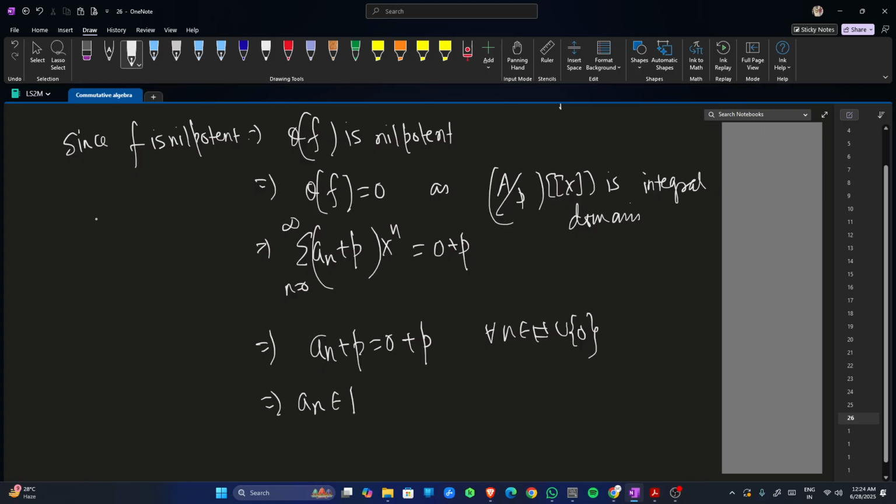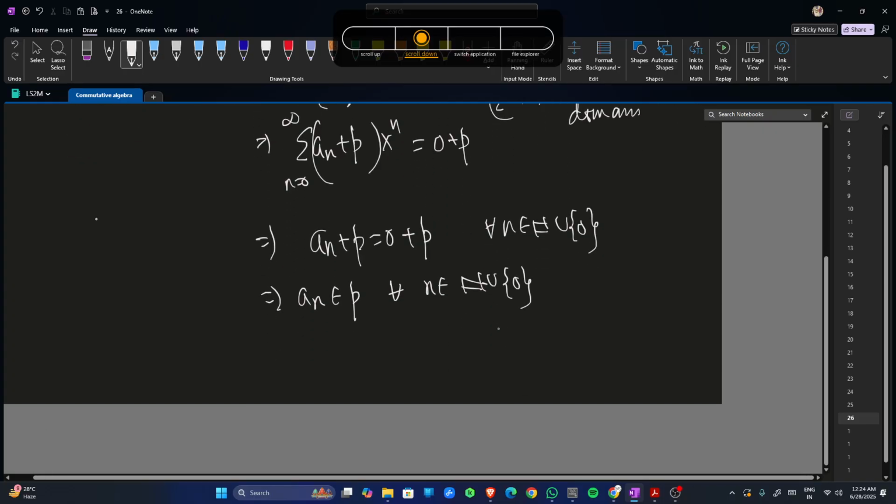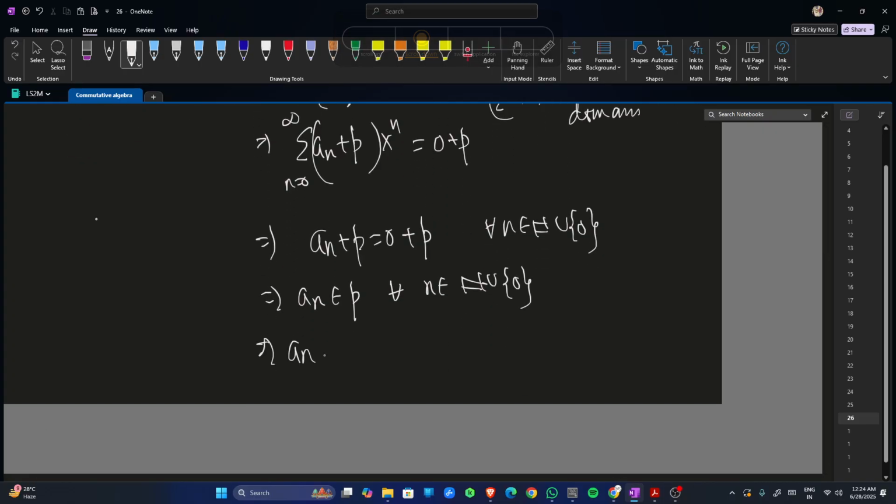This implies a_n is in P for all n. This implies a_n belongs to the intersection of all P in Spec A, since P was arbitrary.